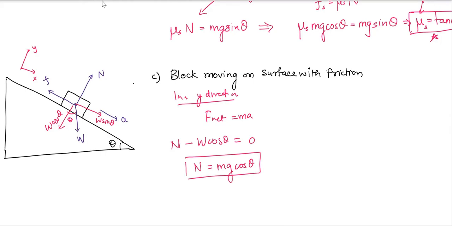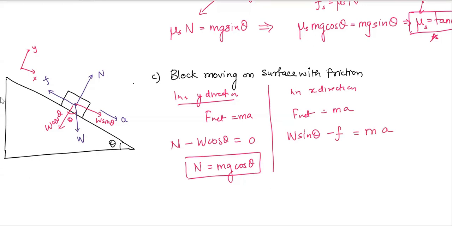But in the x direction, now there is acceleration. So when I choose net force equal to ma, the net force in the x direction, in this direction particularly, is w sin theta minus friction, equal to mass times acceleration.